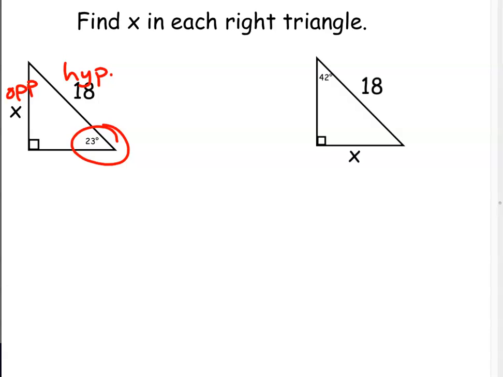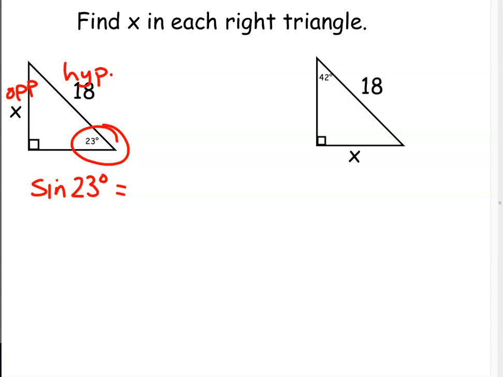So we can say that the sine of 23 degrees should equal our opposite side x divided by our hypotenuse 18. Okay? And we really have a proportion, right? There's a 1 under that.